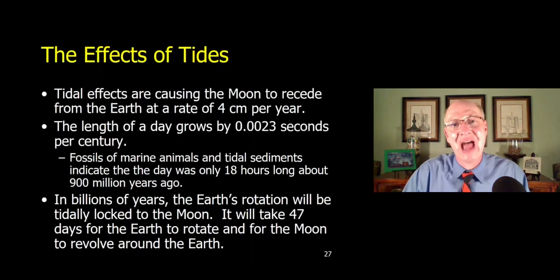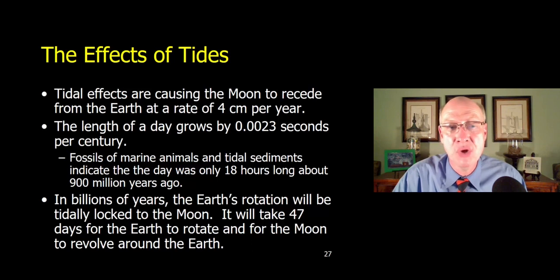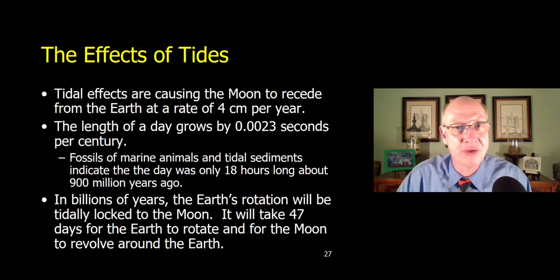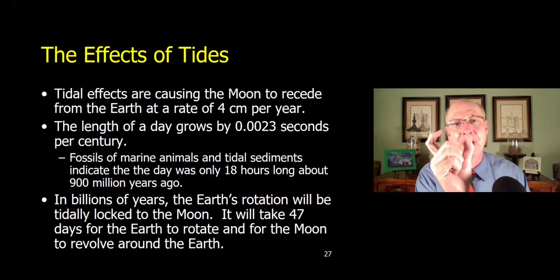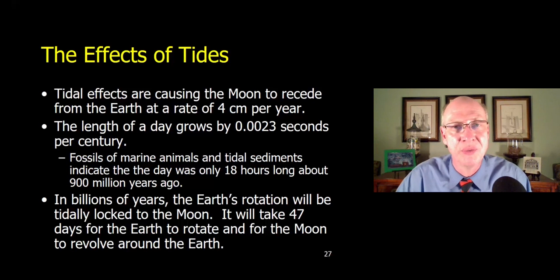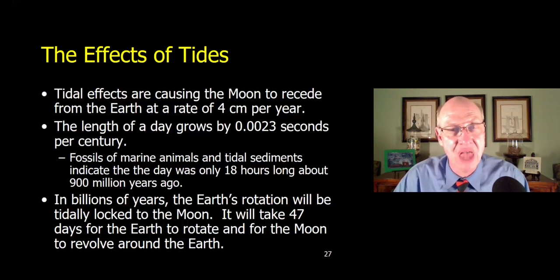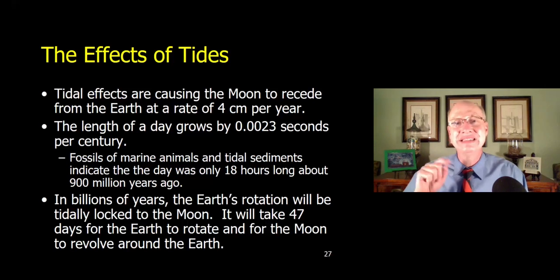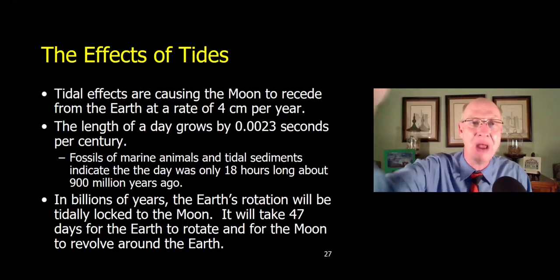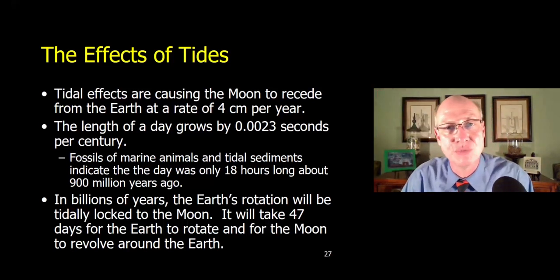So the tidal effects are actually causing the moon to recede from the Earth at the rate of about 4 centimeters per year. That is, every year, the moon pulls about 4 centimeters, that's 4 centimeters right there, further away from us. We can actually measure this as part of the Apollo missions. On a number of the landings, astronauts installed prisms on the surface of the moon so that we can send a laser up to the moon, and it bounces off those prisms, and the laser comes right back.